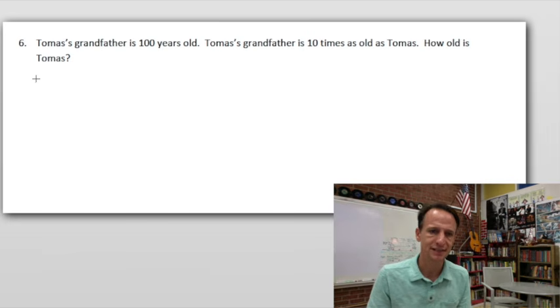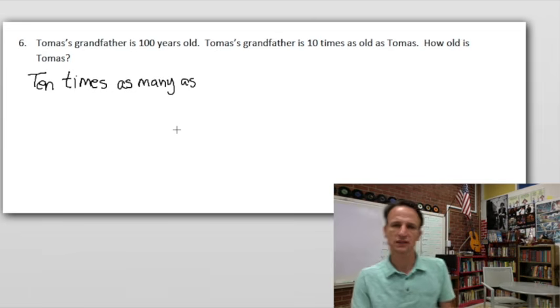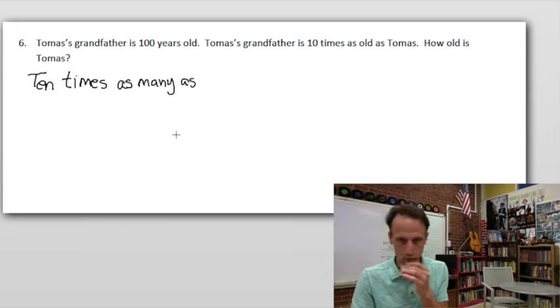We're saying 10 times. Let's think and write at the same time. 10 times, because it says his grandfather's 10 times as old. So 10 times as many as what?